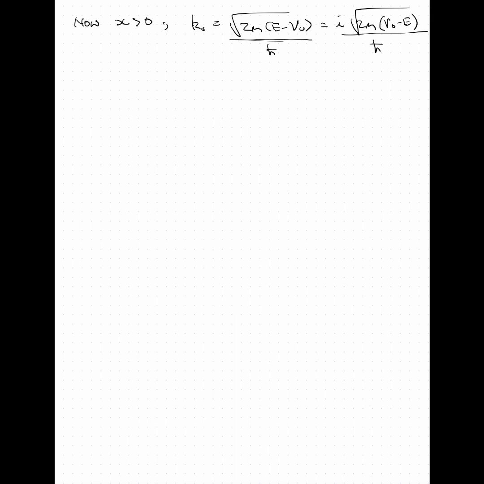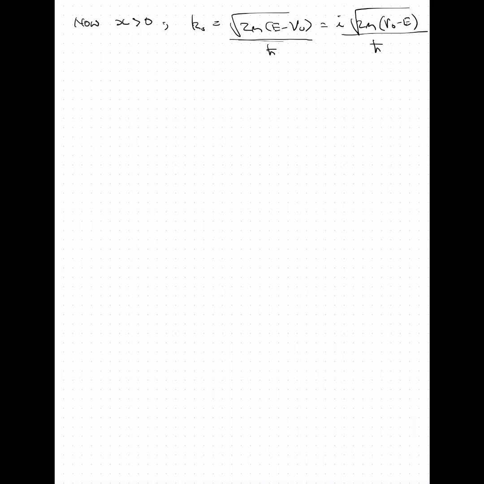And we write it like this to emphasize that this term here, where V naught is greater than E, basically allows you to pull out an imaginary number and have this argument of the square root as just some positive number.